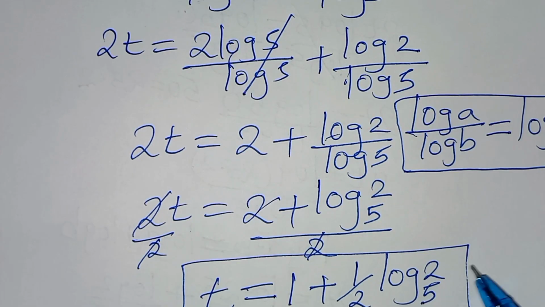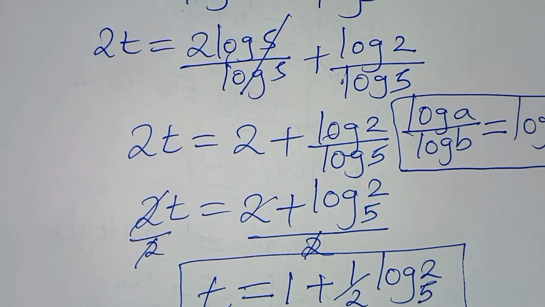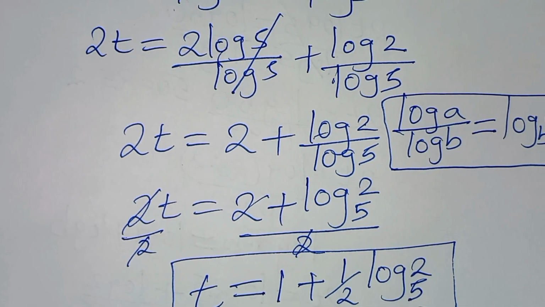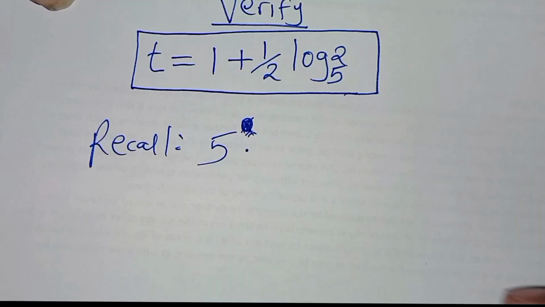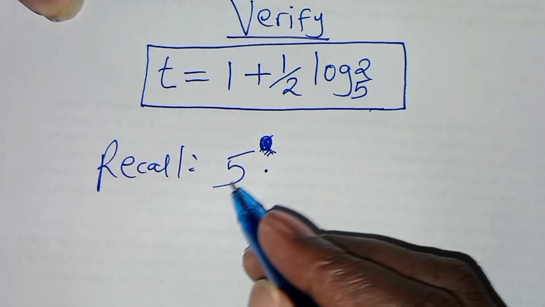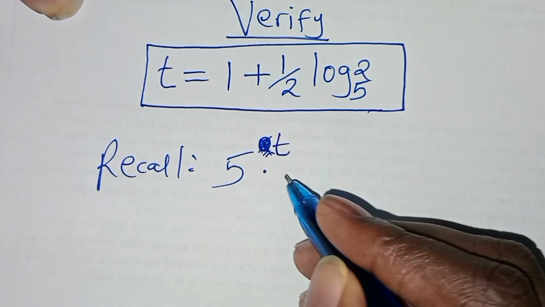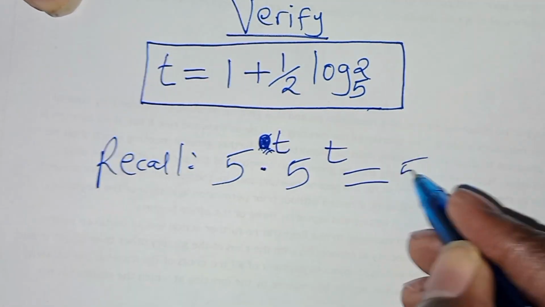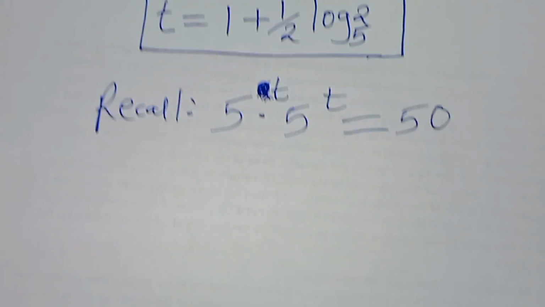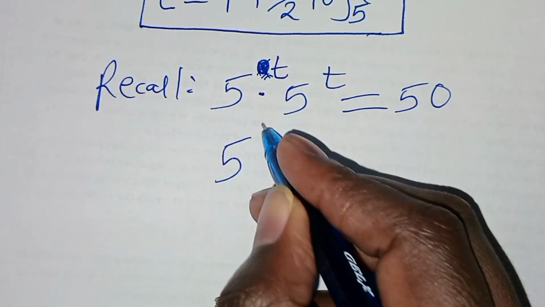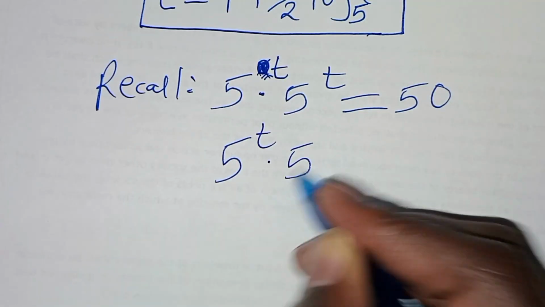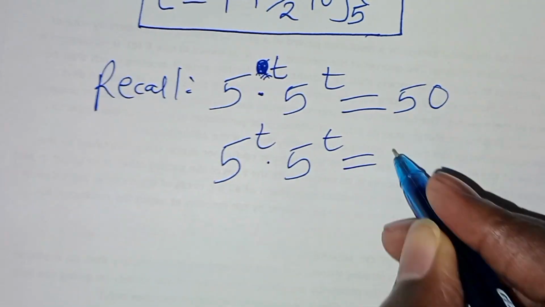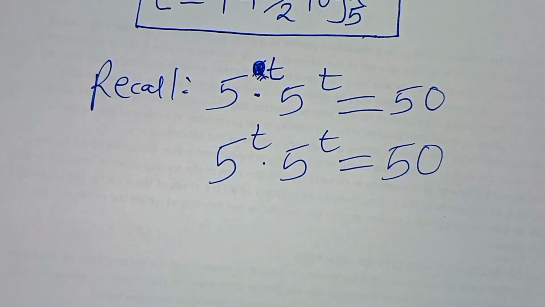So let's verify that this value of t actually satisfies the equation. If you recall, we have 5 to power t multiplied by 5 to power t, which should give us a value of 50.